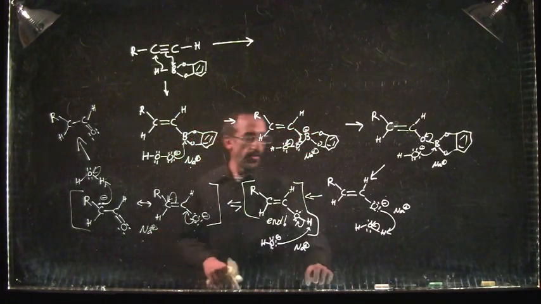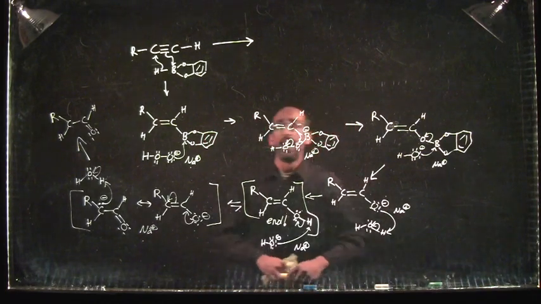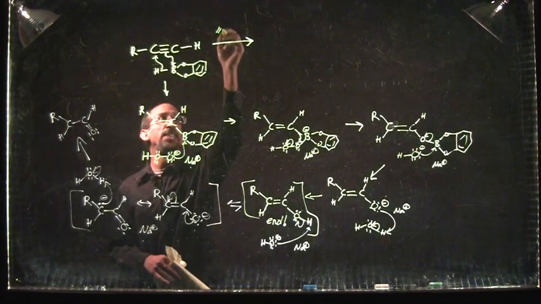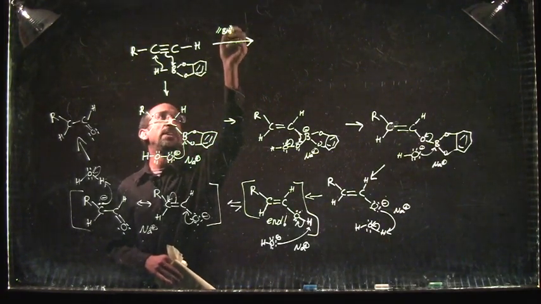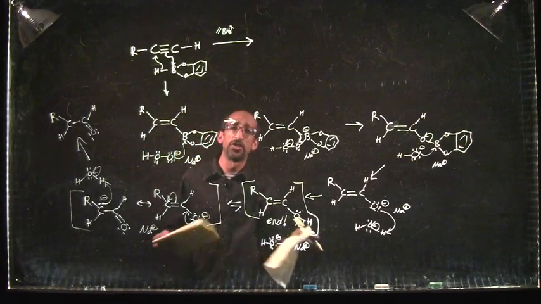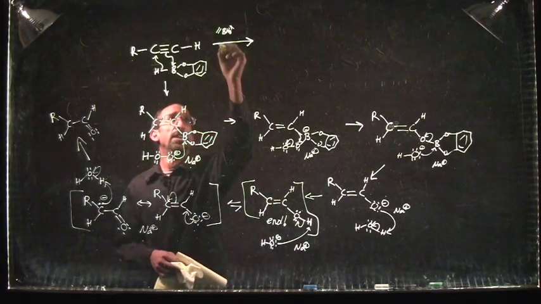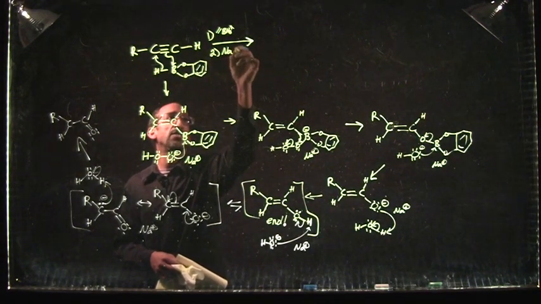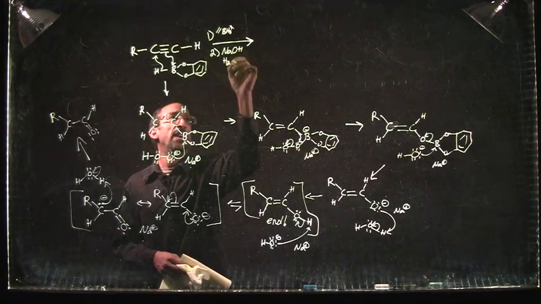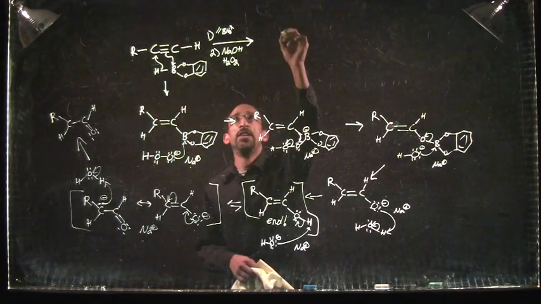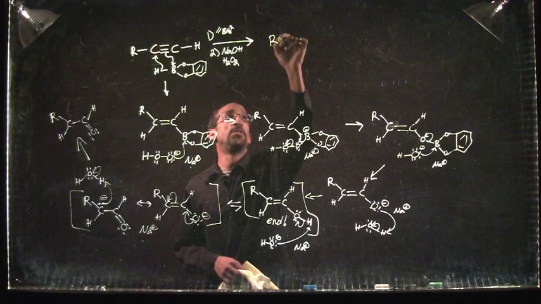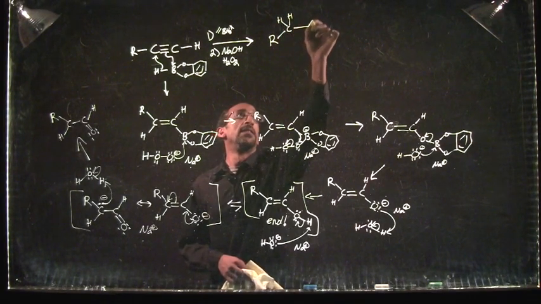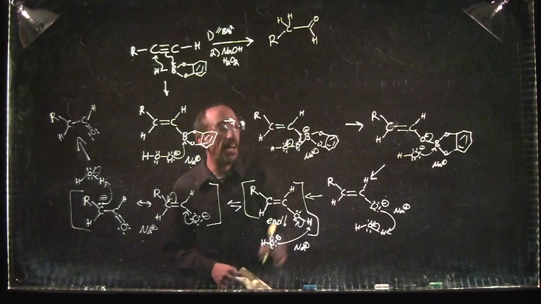So we can see now that we have 2 methods to add water across an alkyne. If we use sulfuric acid, mercury sulfate, and water, we get a ketone. However, if we use, and I'm going to put BH3 in quotations, because you can use any of the BH3 reagents I showed you at the beginning of the video lecture, followed by our oxidation reagents, sodium hydroxide, hydrogen peroxide, you end up now being able to make an aldehyde.